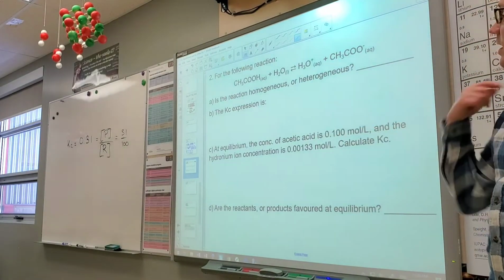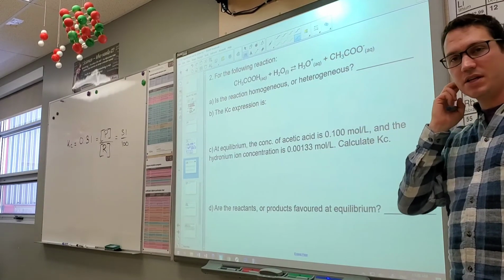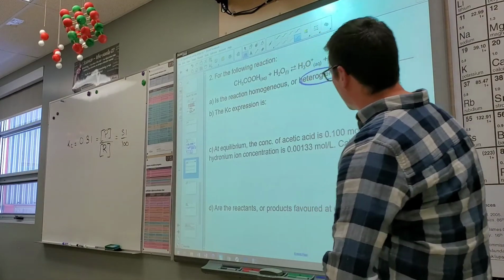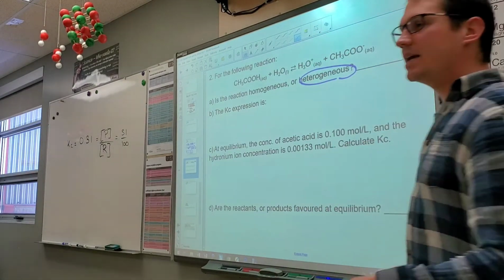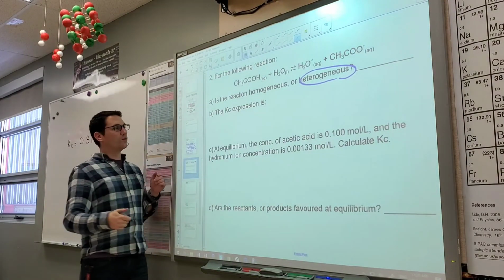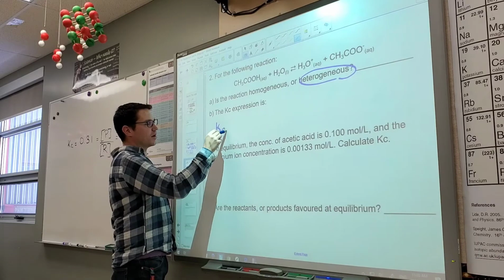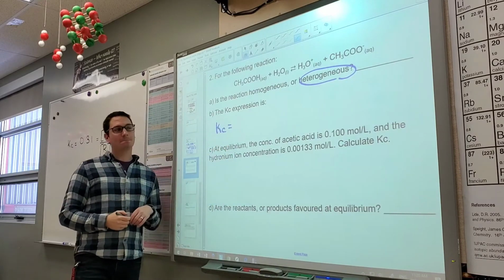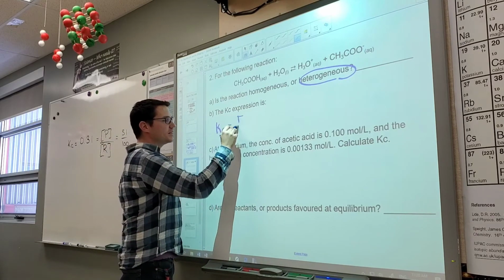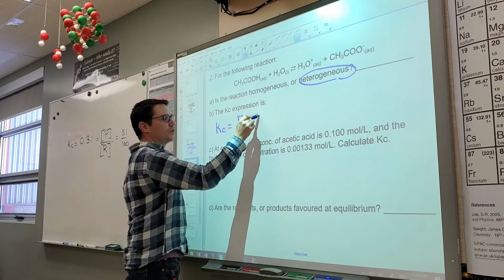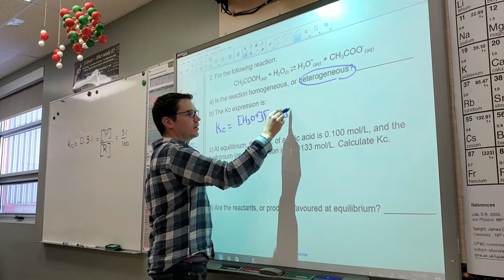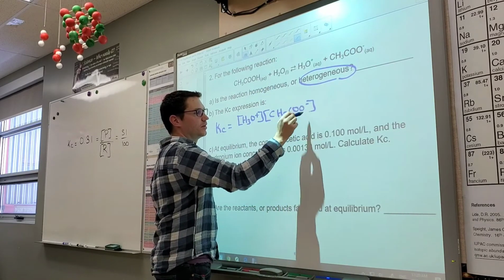For this question, is this reaction homogeneous or heterogeneous? It's heterogeneous. That's interesting. So let's write the Kc expression. Should I include all of the values? No. What's the only substance I'm not going to include? The liquid, the one liquid in here, so water. So this is the hydronium concentration times the acetate concentration.